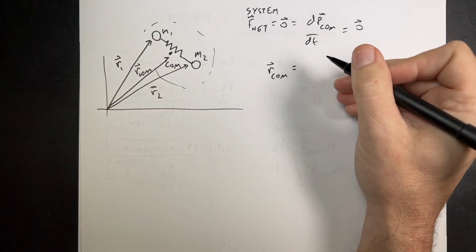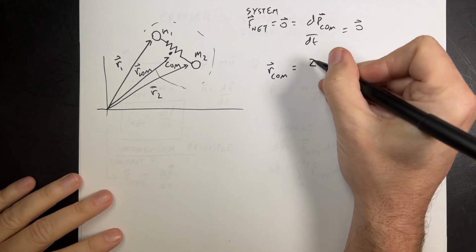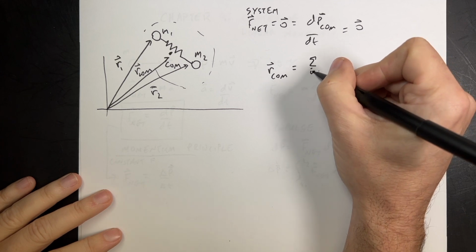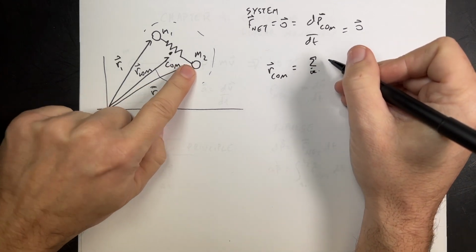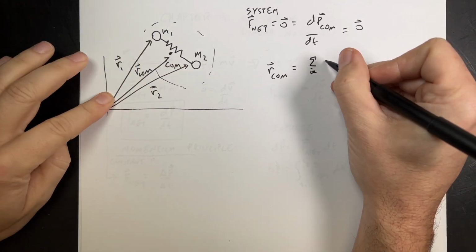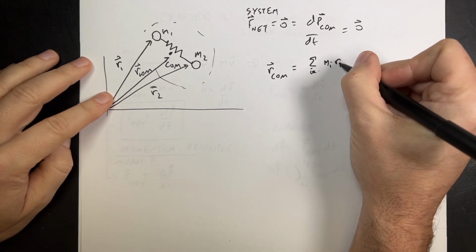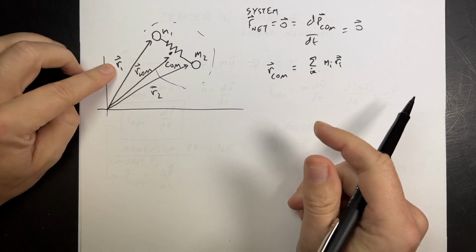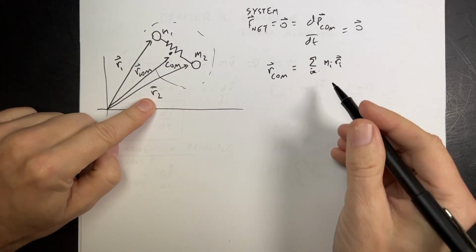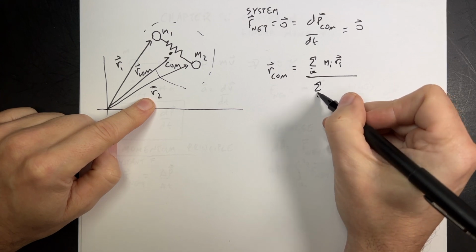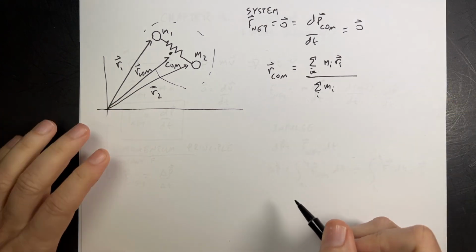I could have two, but I could have as many as I want. We'd take each mass times its position, m_i r_i. So I'm going to add up this mass times this vector plus this mass times this vector, and then divide by the total mass, which is just the sum over i of m_i.